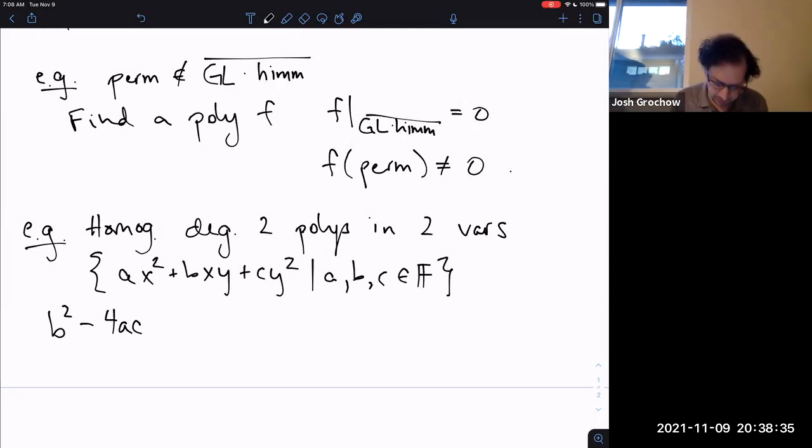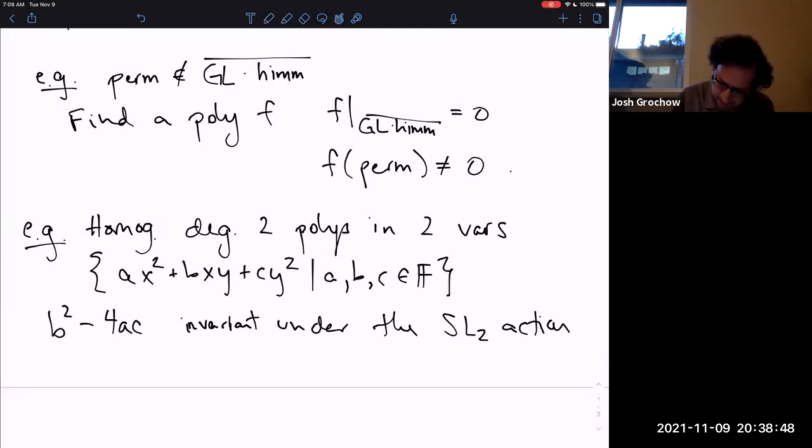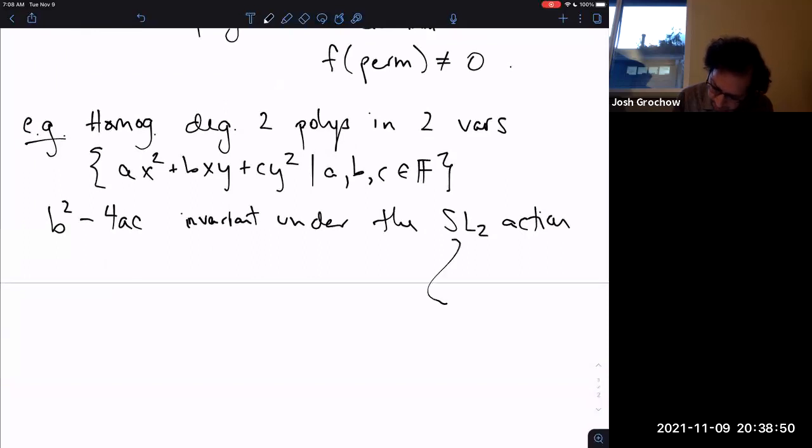This is invariant under the natural SL2 action here. So SL2 acts by change of coordinates on x and y. So this is A acting on x, y as a11 x plus a12 y, a21 x plus a22 y.